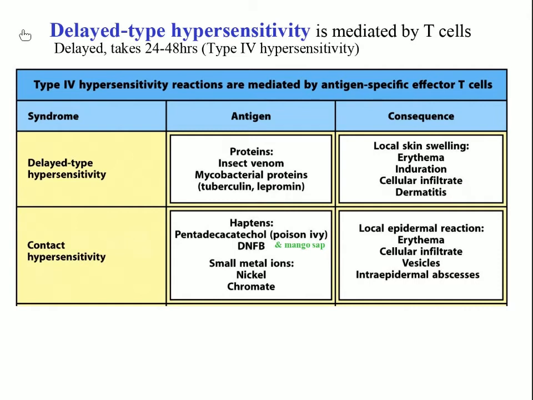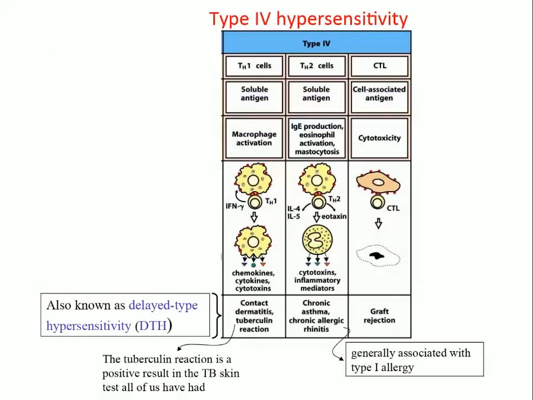Okay. So we've reached type 4, and we've discussed the mechanism, and we mentioned that it's either mediated by direct killing by cytotoxic T cells, and this is in the example of tissue rejection when you are transplanted with a foreign organ.